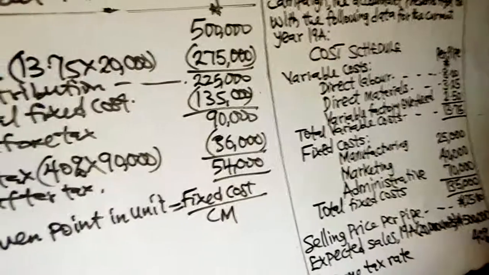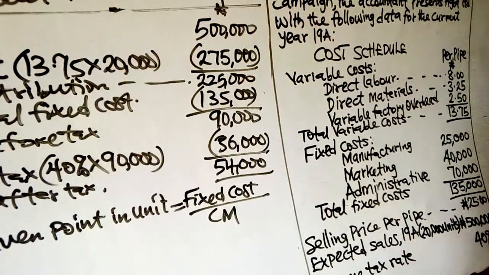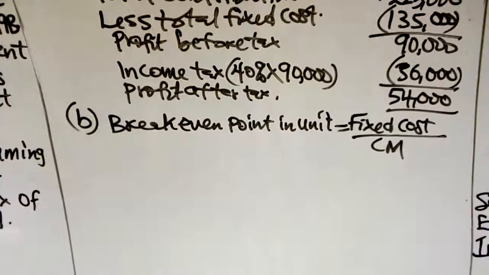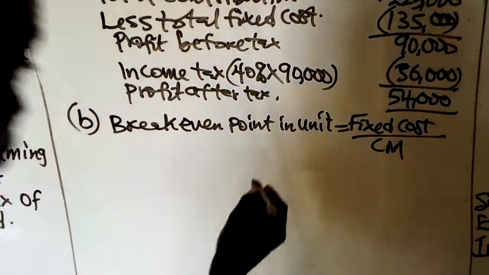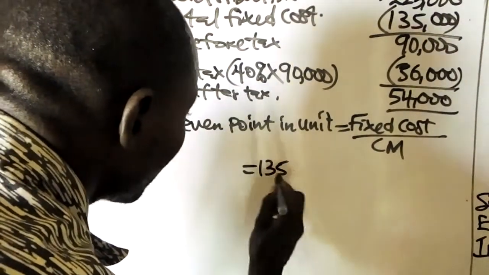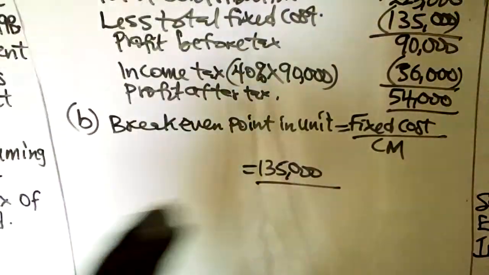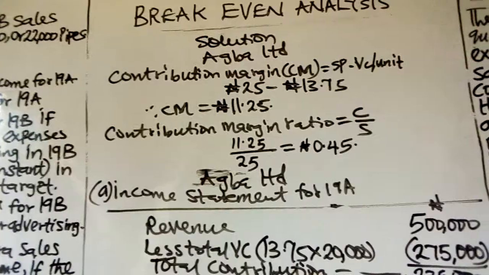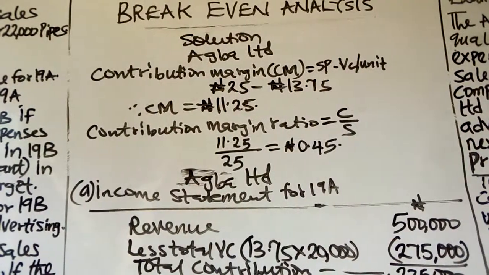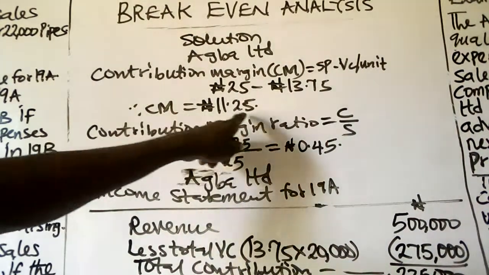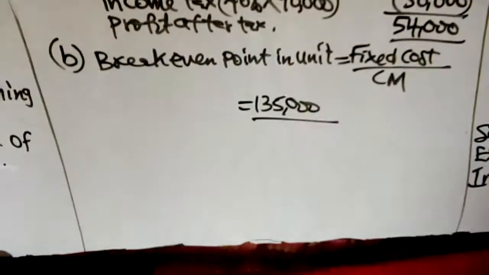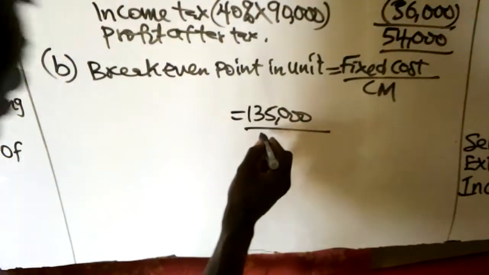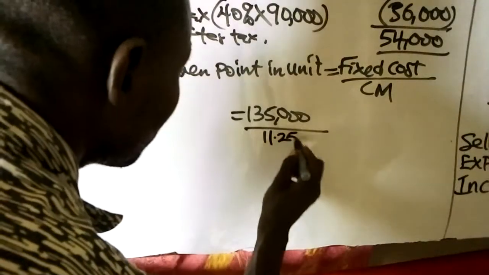Our fixed cost is given to be 135,000 naira. So if the fixed cost is 135,000 naira, 135,000 over contribution margin, CM. Our CM has been calculated above. Contribution margin CM is 11.25.